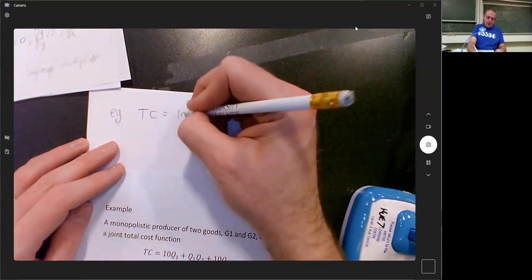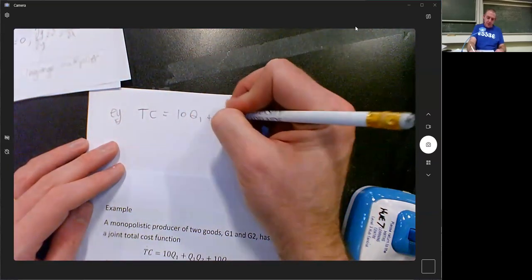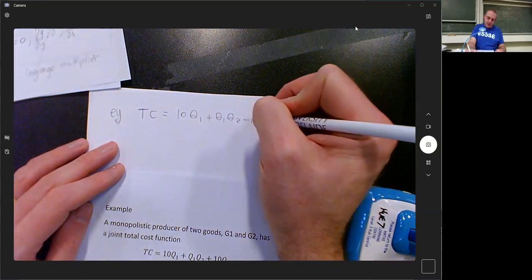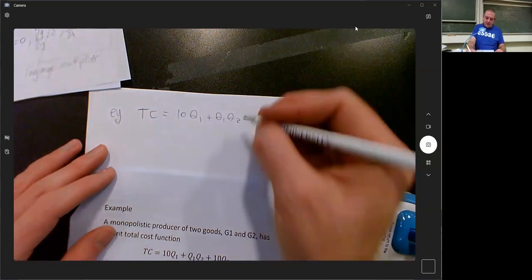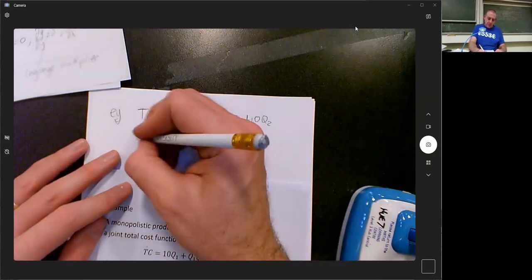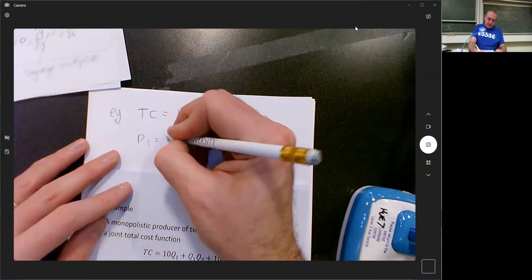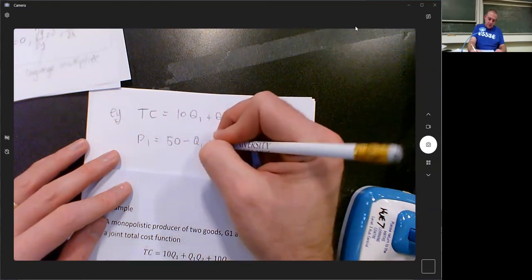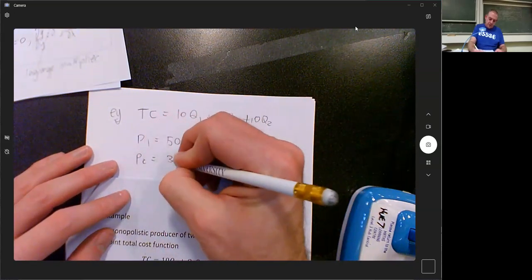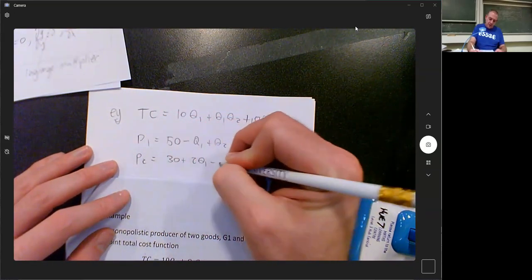The total cost is 10 times Q1 plus Q1 times Q2 plus 10 times Q2. That's cool. And price 1 is 50 minus Q1 plus Q2. And price 2 is 30 plus 2Q1 minus Q2.